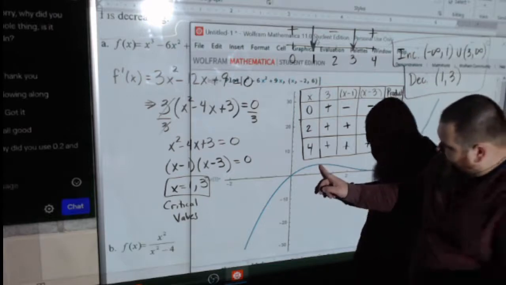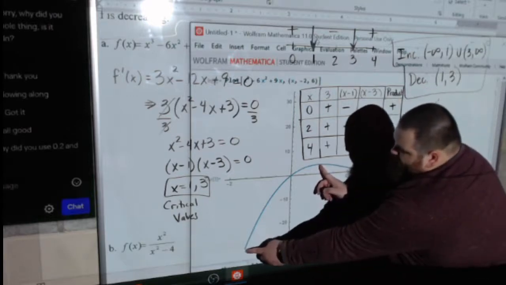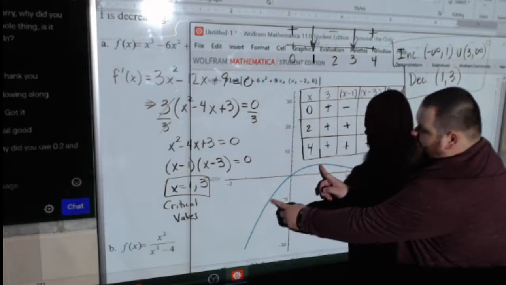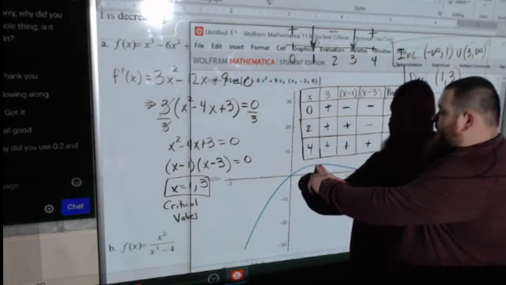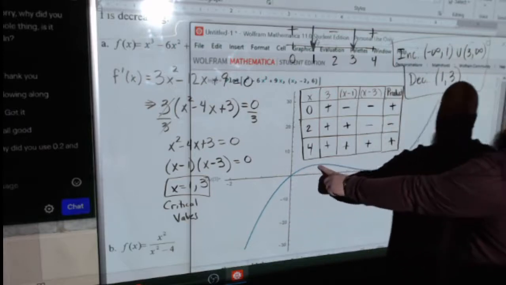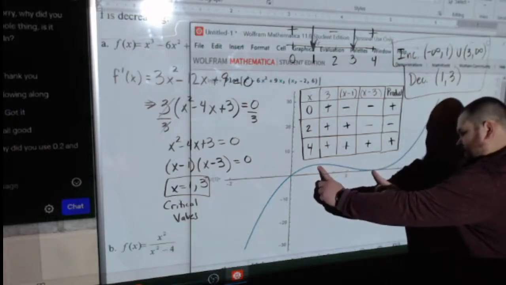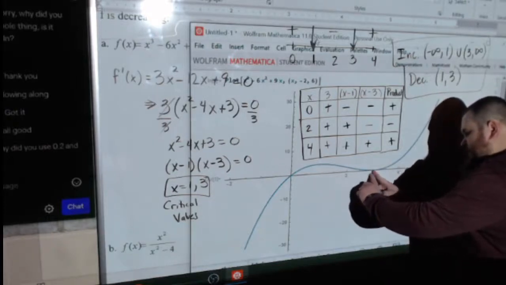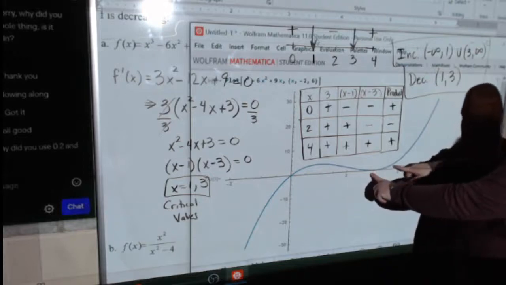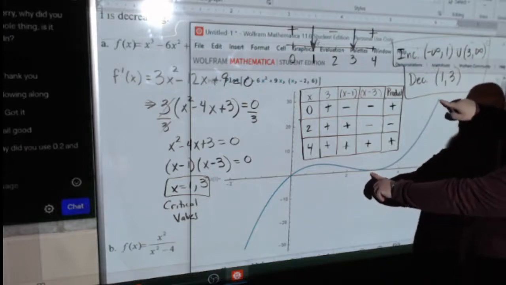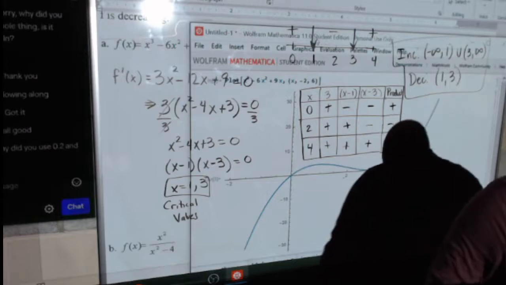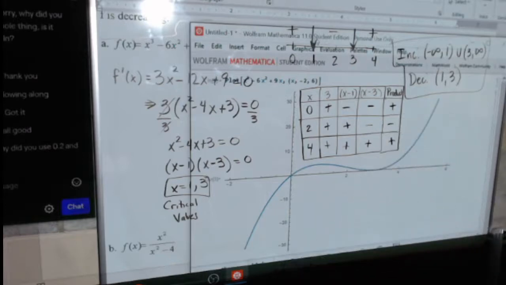It says that the function has positive slope and therefore is increasing up to that point. From that point to 3, we're decreasing. Here is 3. And then from 3 on, we're increasing. So that's what we just looked at. Any questions about that guy?